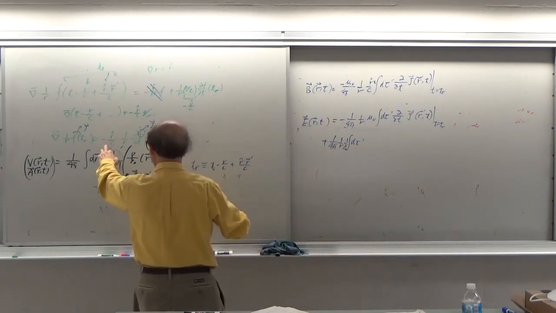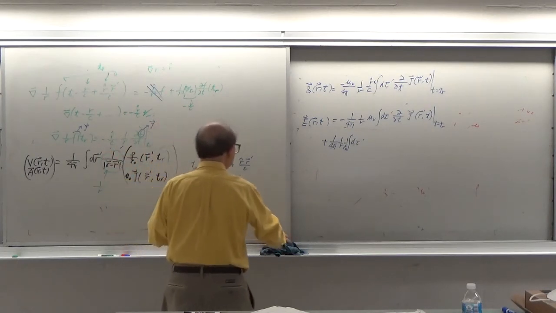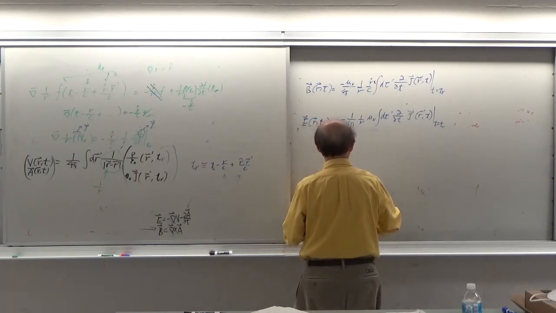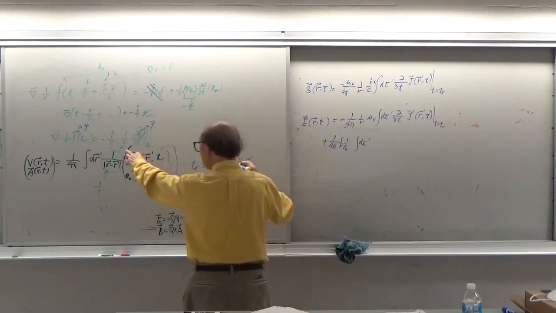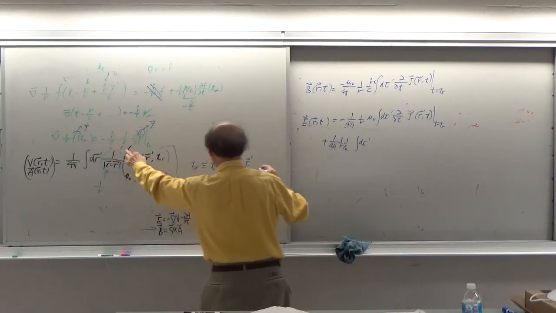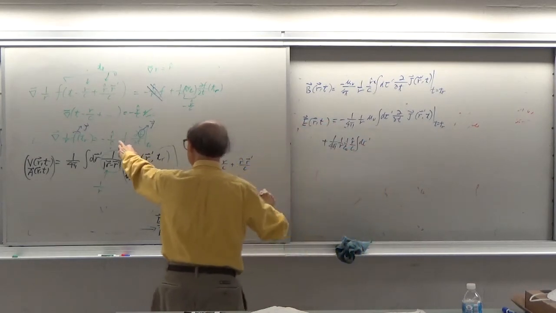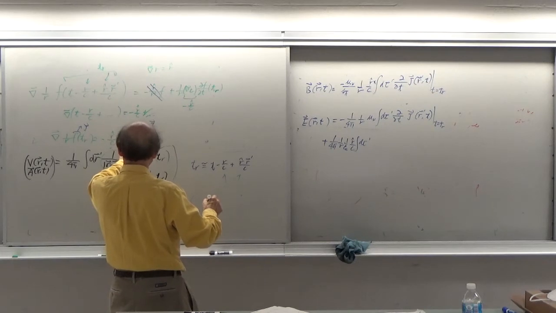And then I have 1 over C. Then I need some more space here. Integrate over tau prime. I have R hat over C, which comes from here.